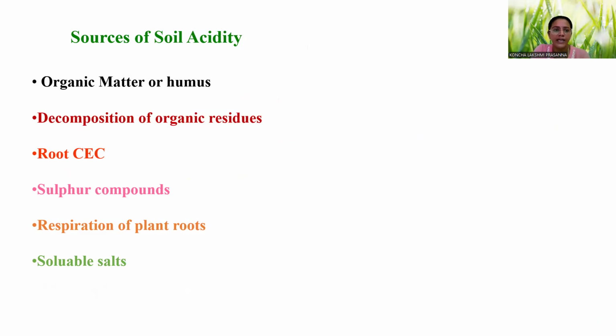Sulfur compounds, as we have discussed previously. The sulfate ions which are present in the lowland areas, swampy areas or estuarine areas, when they combine with organic matter in anaerobic conditions, form sulfide compounds by the sulfate reducing bacteria, known as Desulfovibrio.